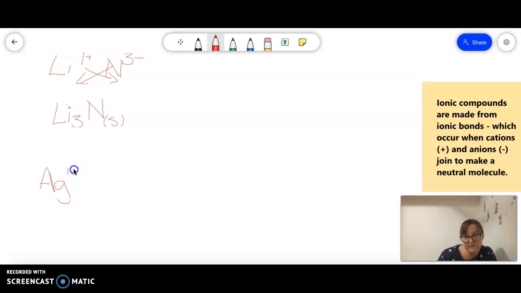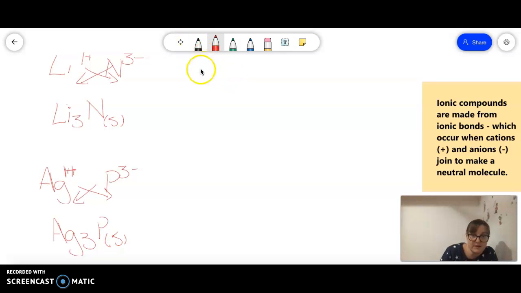You could do silver, Ag1+, and you could do phosphide, 3-. We'll cross these down, becomes silver 3, phosphide, solid.